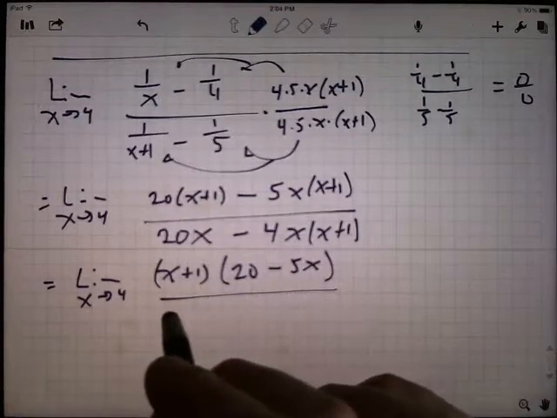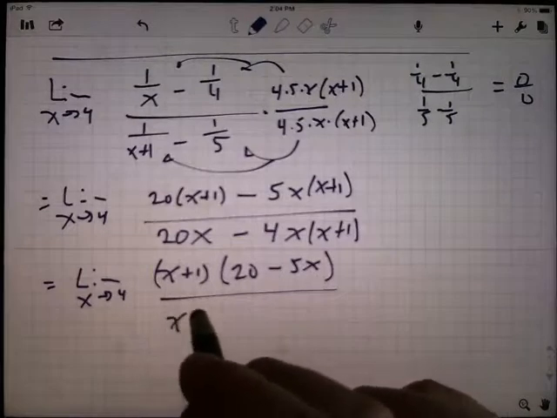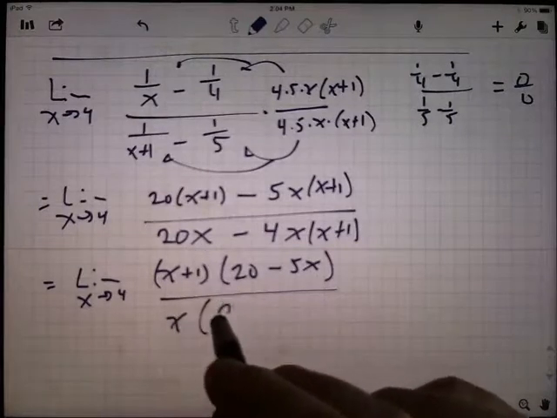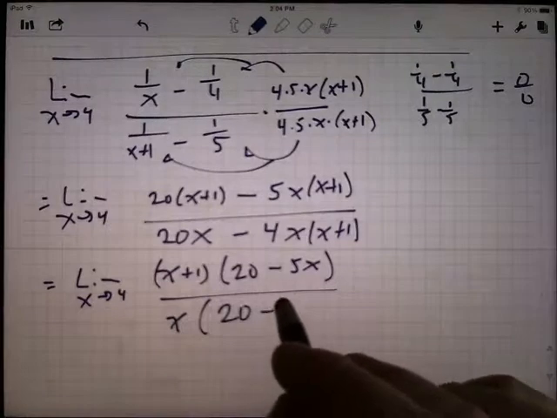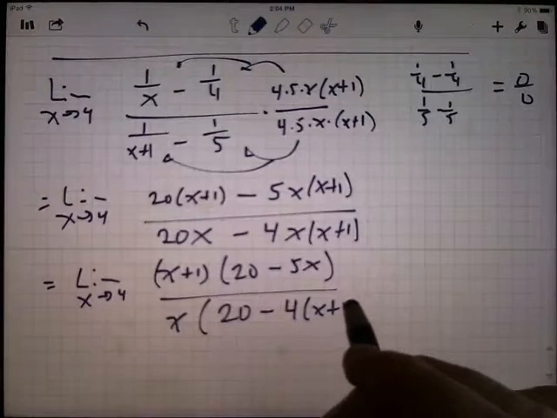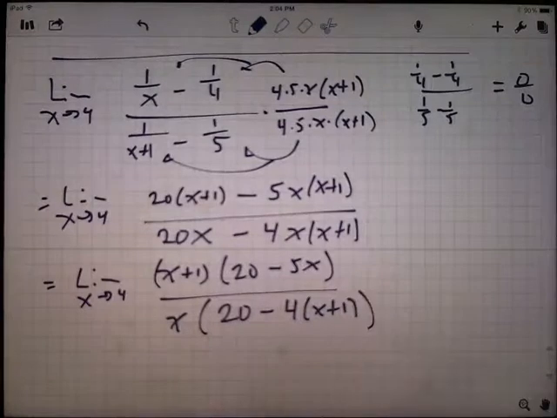So that's x times 20 minus 4 times x plus 1. Well, that looks kind of funny.